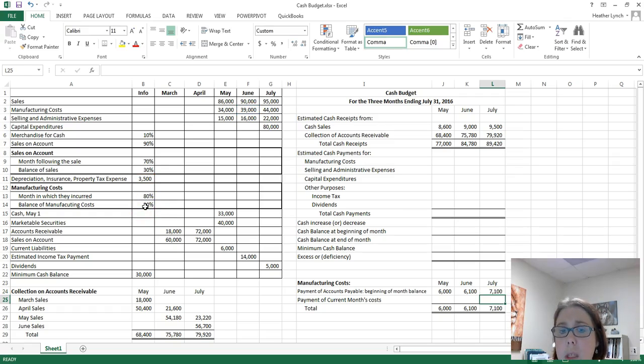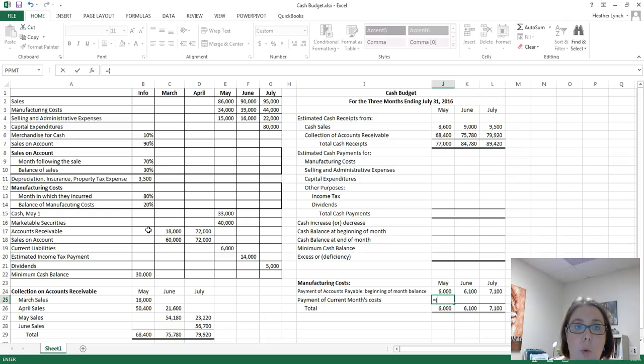Okay, so that's the payments of accounts payable beginning of the month balance. Now payments of current months. That's going to be the 80% of it. Okay, so we do the $34,000 minus the $3,500 times the 80%.